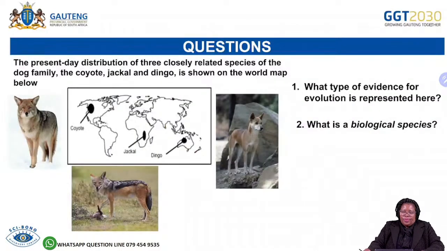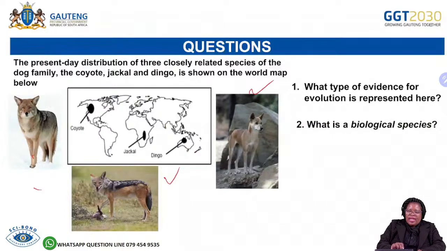Now, we have another question relating to the concepts that introduces us to evolution. So the present day distribution of 3 closely related species of the dog family: the coyote, the jackal, and the dingo.